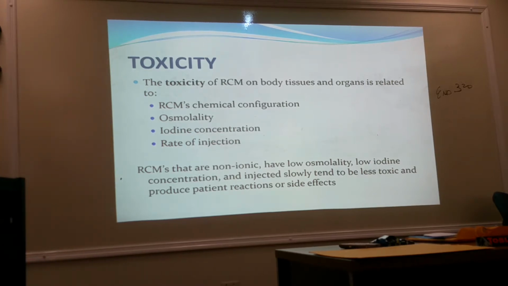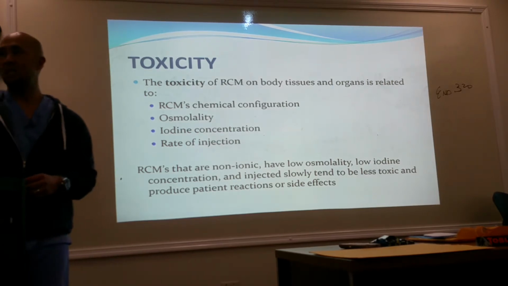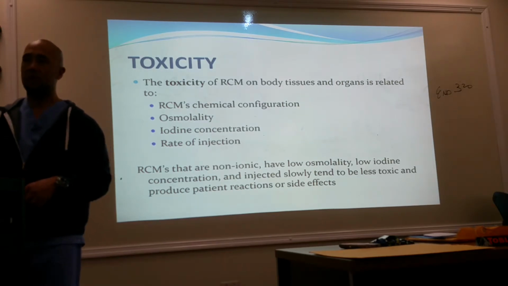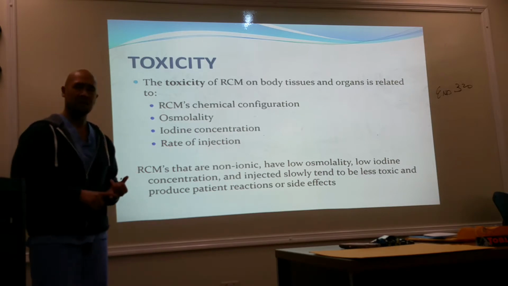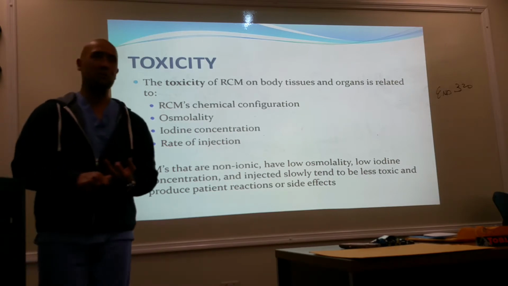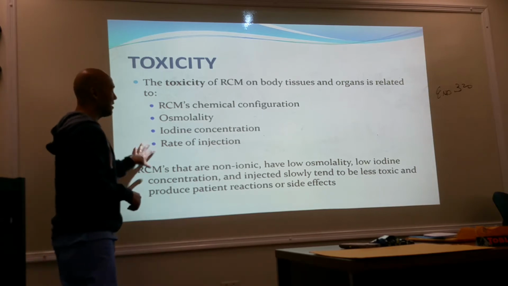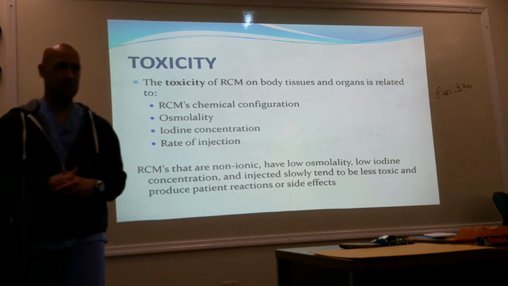The toxicity of the contrast on body tissues and organs is related to the chemical configuration. We were talking about it being ionic versus non-ionic, the osmolality, the iodine concentration, and lastly here, we haven't talked about this yet, is the rate of injection.